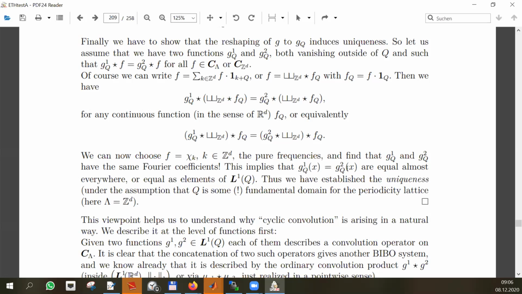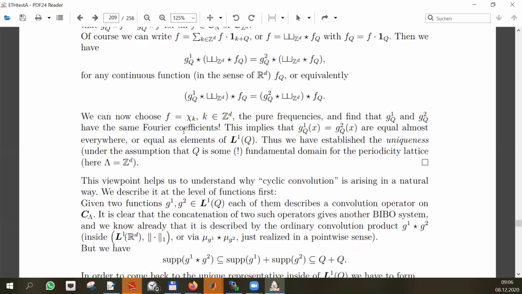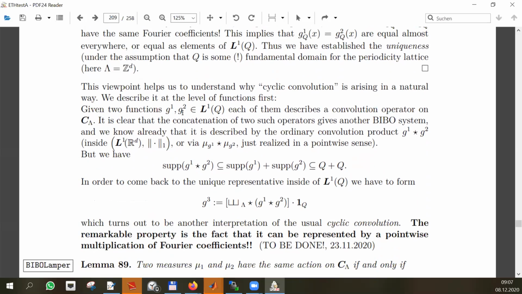So this is a good way to see that if you're acting with your bounded measure or L1 function as a convolution operator on the periodic functions, then you had better replace your convolution kernel by a compactly supported one living only on the fundamental domain. Somehow this is implicitly already the case: these periodic functions are functions on the torus, so you should take the function on the torus and do the whole theory that we did at the beginning on the torus.